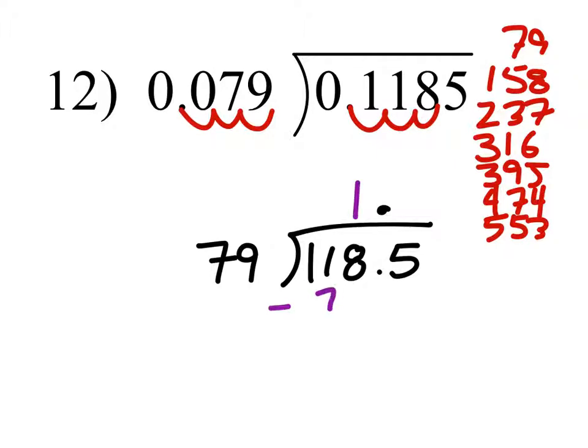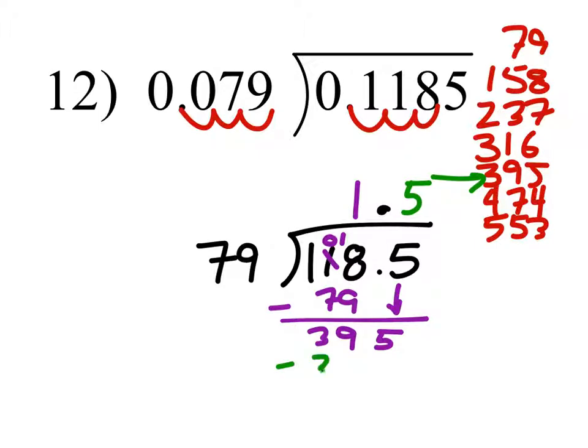So subtracting 79 out of this, I get 9, borrow that, 39, and we'll drop the 5. 395, we can see that's this multiple, 1, 2, 3, 4, 5, 1.5, subtract 395, and we have 0 remaining, so our answer is just 1.5.